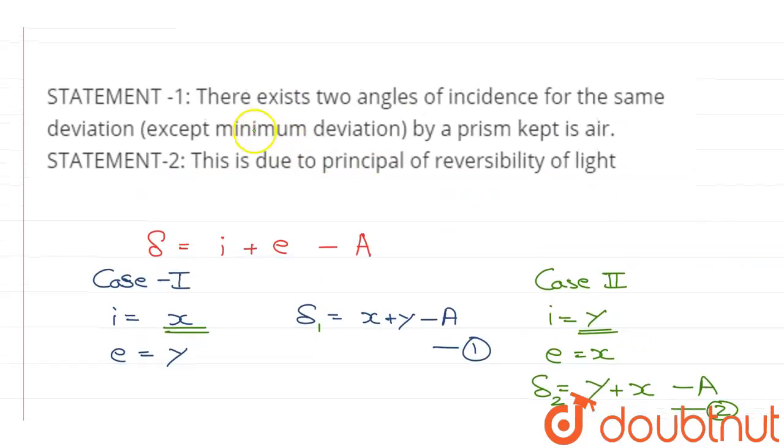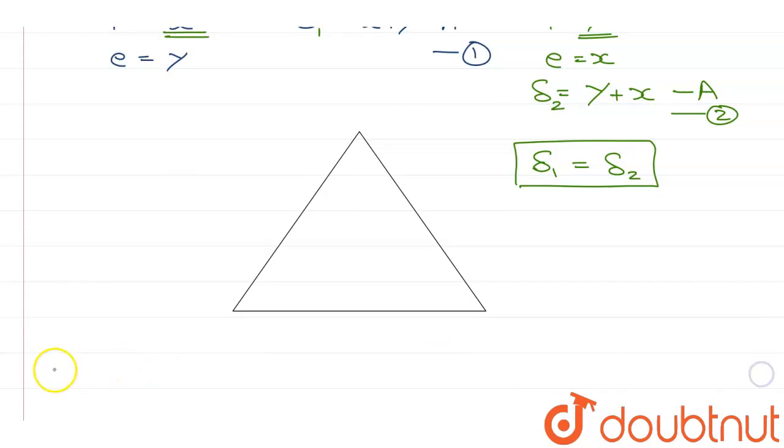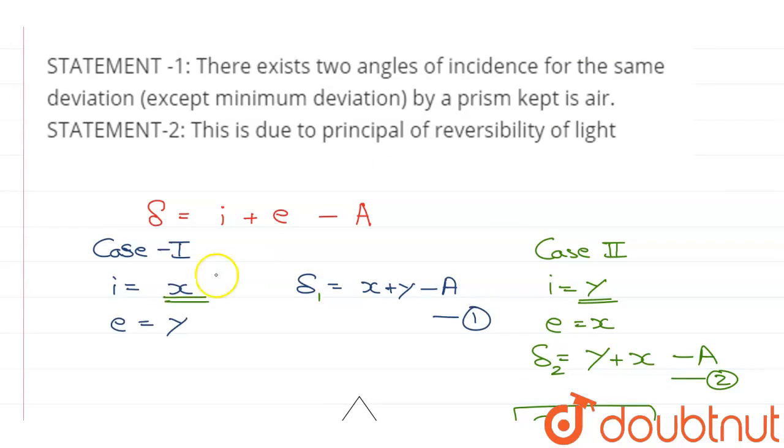But in case of minimum deviation, delta minimum is given when the angle of incidence I is equal to the angle of emergence E. Therefore, I can no longer play this trick where I interchange the angles of incidence and emergence.